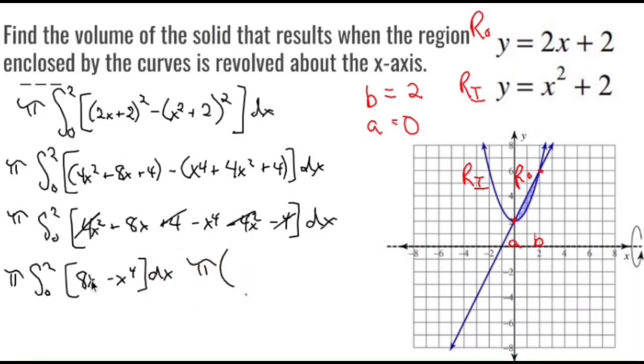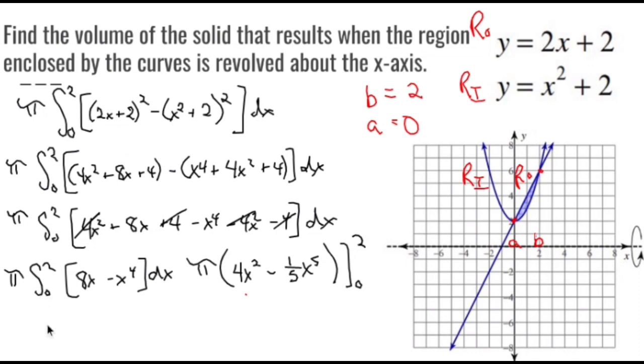So the integral of 8x is going to be 4x squared. The integral of minus x to the 4th is going to be negative 1/5 x to the 5th. And my limits of integration are 0 and 2.